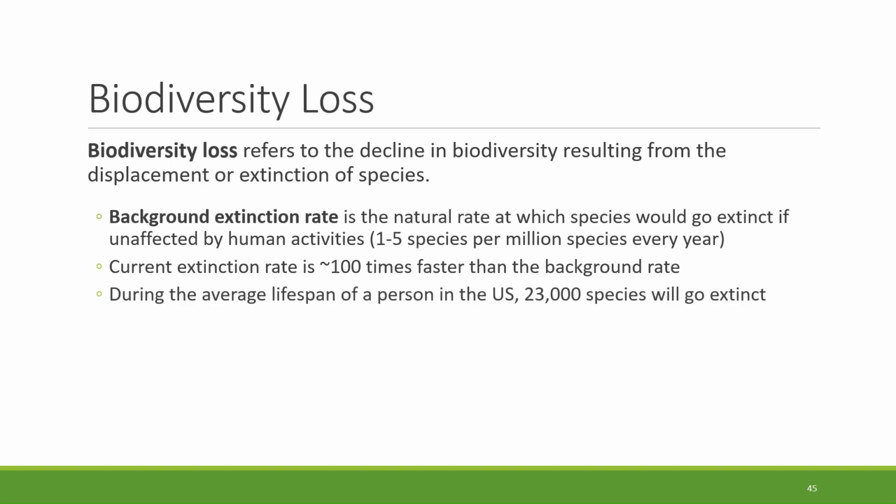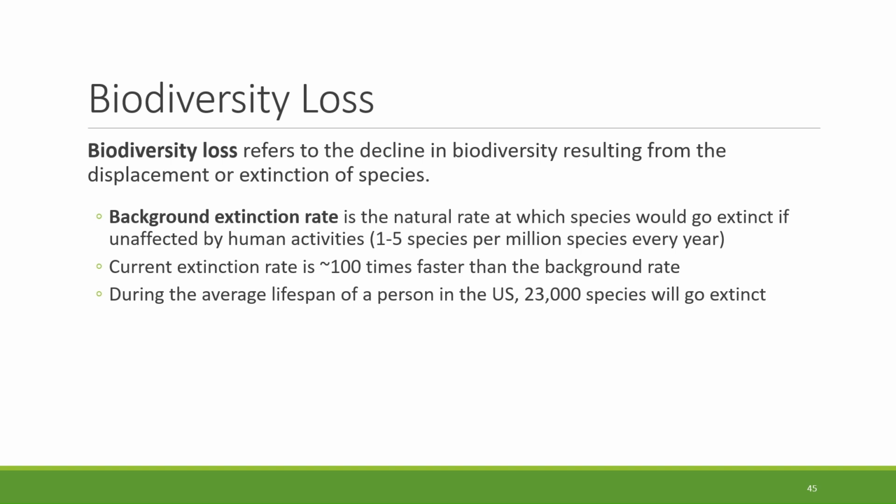And this means that during the lifespan of the average person in the US, 23,000 species will go extinct. This is a very big number, and it is definitely reason for concern. Organizations dedicated to species conservation across the world keep track of species that are at risk for extinction so that intervention can hopefully be made before it's too late.